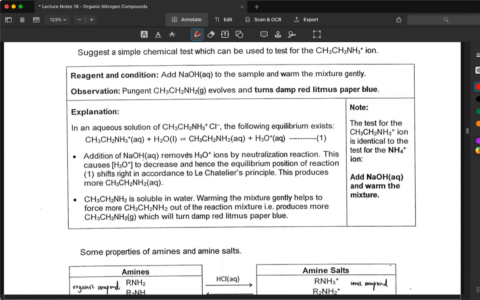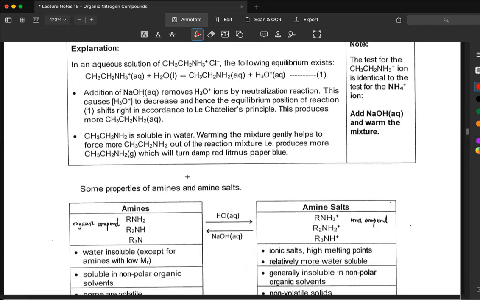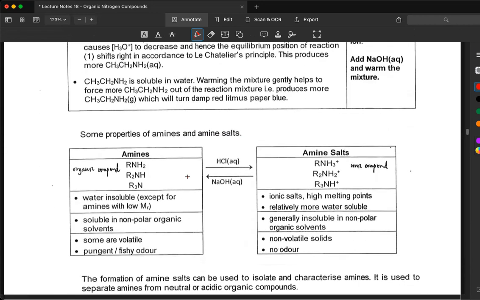So more and more ethyl amine will be produced. Since it is soluble in water, warming the mixture will force more ethyl amine out of the reaction mixture to produce more ethyl amine that turns litmus paper from red to blue. Remember to warm the mixture.